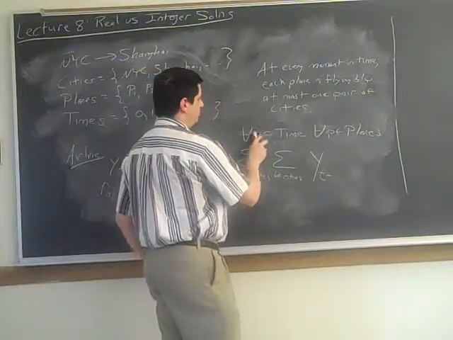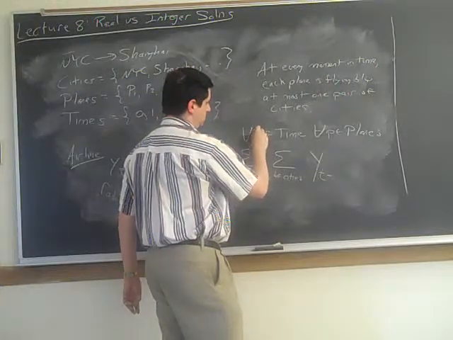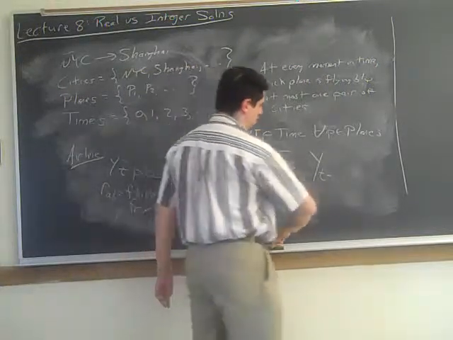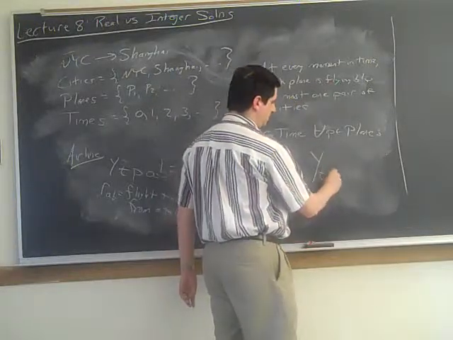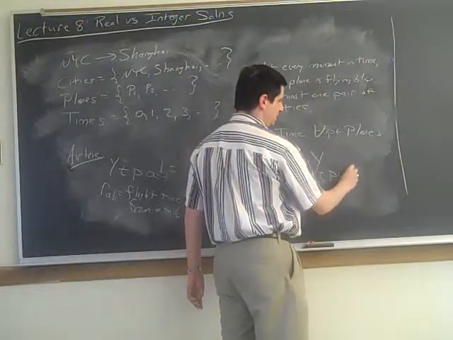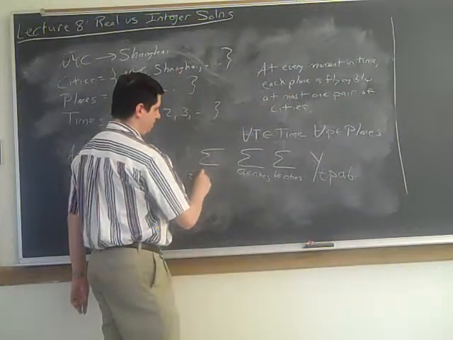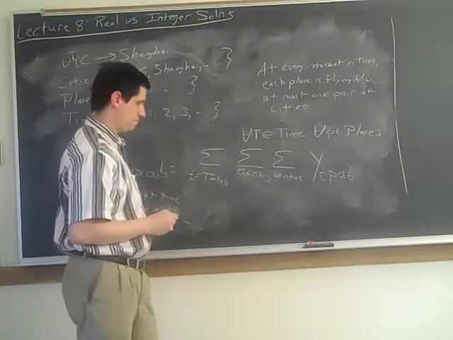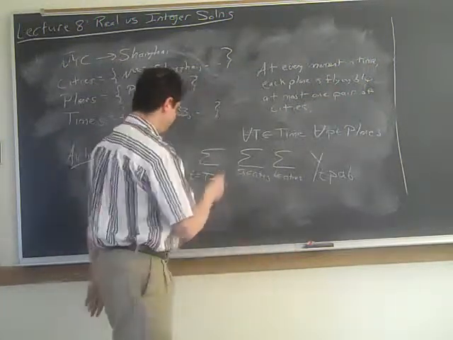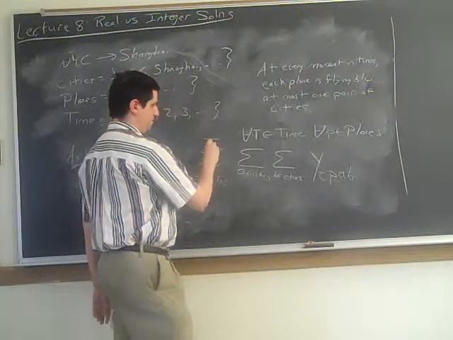I'm going to use a capital T for time here. And so, at time t, plane P leaves city A to city B. And now I sum over all times from t minus the flight time, and I'll mention the mistake in just a moment, to my current time.